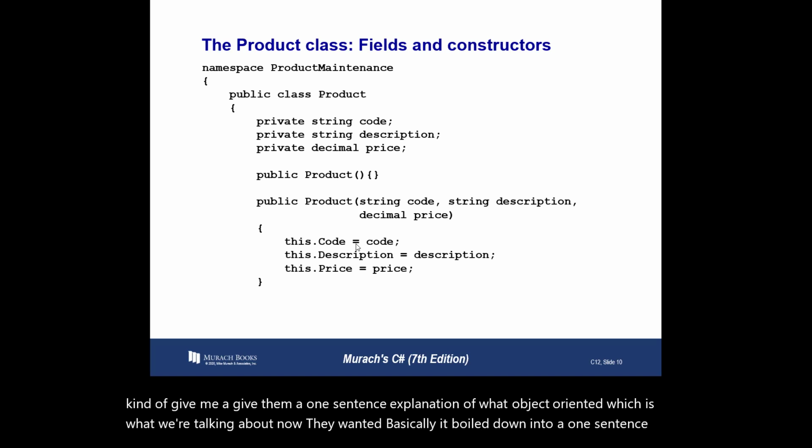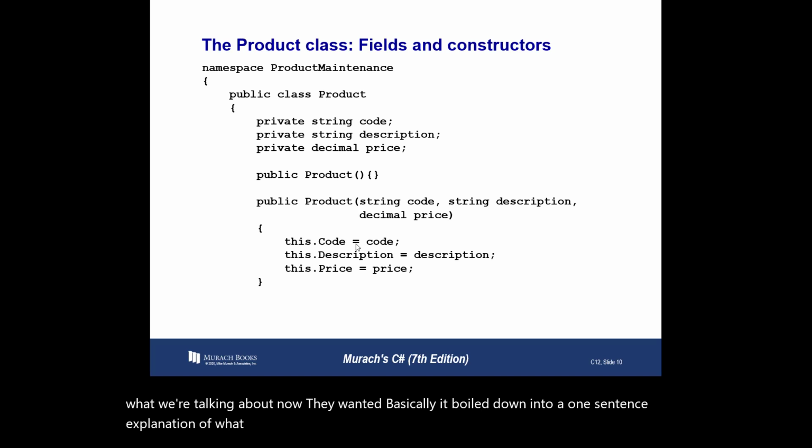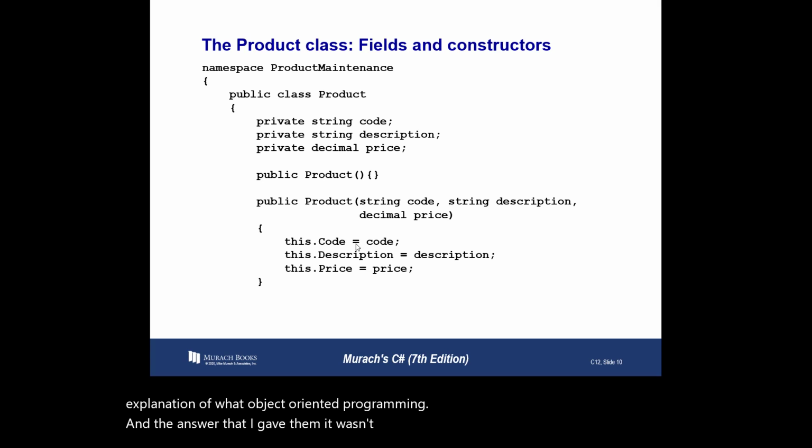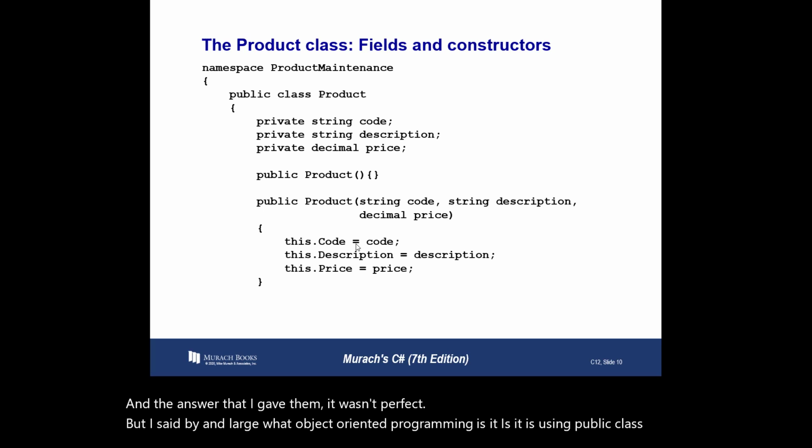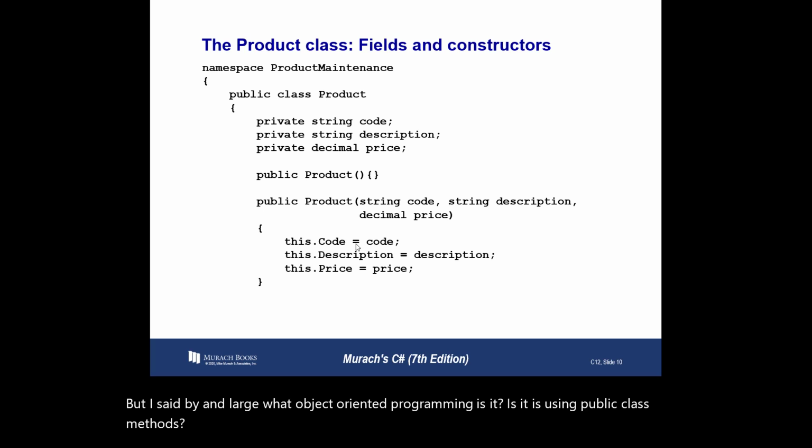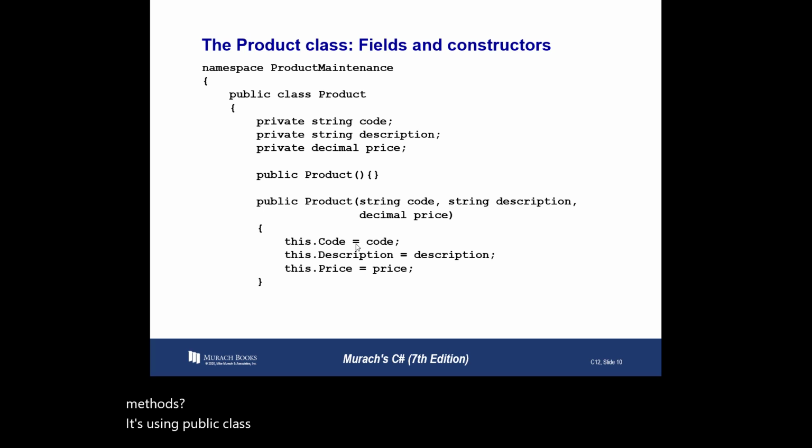And the answer that I gave them, it wasn't perfect, but I said, by and large, object-oriented programming is using public class methods to manipulate private class variables. Now, that's a generalization. I said public class methods.